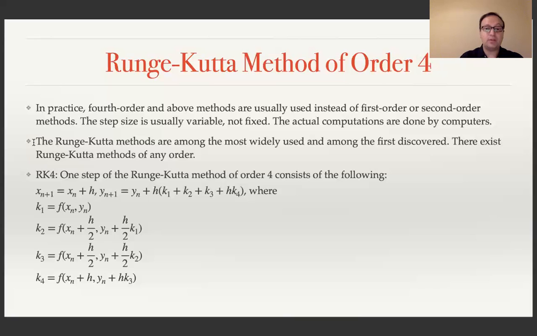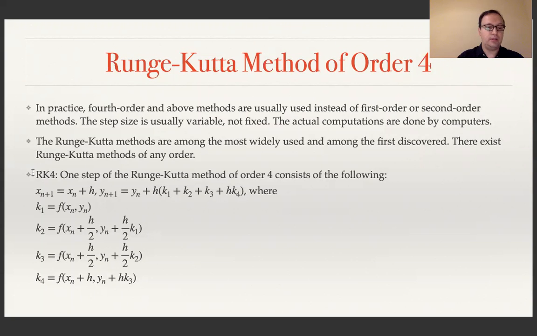Some of the most widely used numerical methods are so-called Runge-Kutta methods. There exist Runge-Kutta methods of any order. And in some sense, all the methods that I have presented so far fall under the category of Runge-Kutta methods.